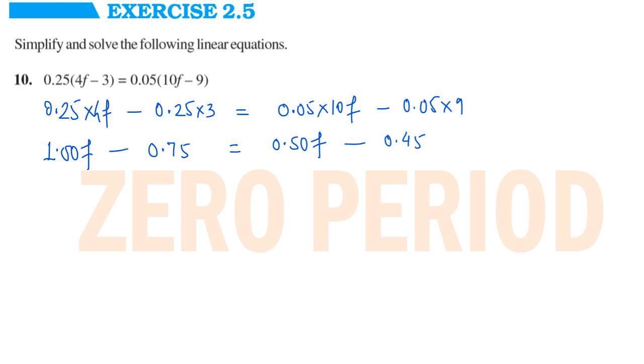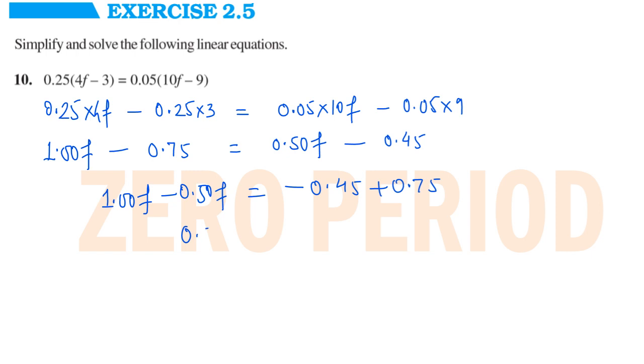And 2f are there. Let us put together, that is 1.00f minus 0.50f is equal to minus 0.45 plus 0.75.